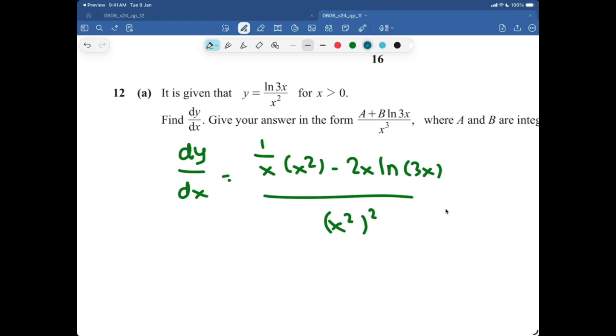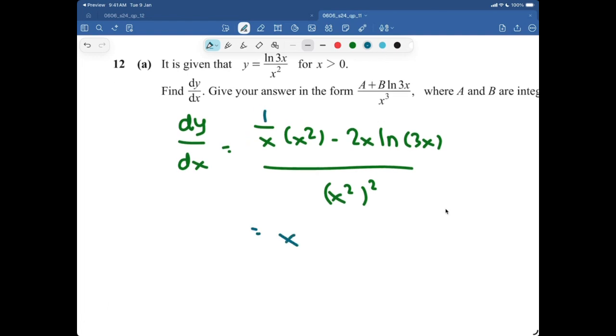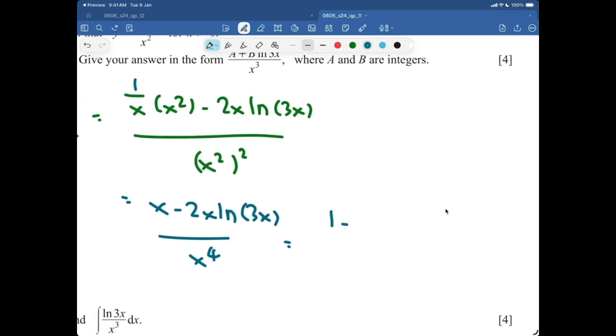The reason you get 1 over x is because by the chain rule, you get 3 over 3x, which will just simplify out. So it's equal to x minus 2x ln 3x over x to the fourth. And if you factor out x, you get 1 minus 2 ln 3x over x to the third.